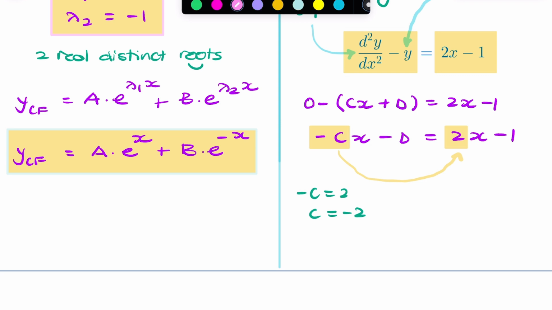And similarly, if negative d is equal to negative 1, then d has to be equal to 1. So now we know c and d.